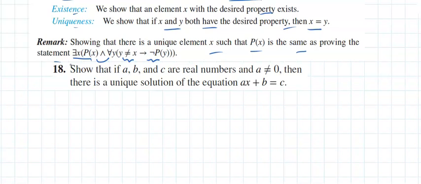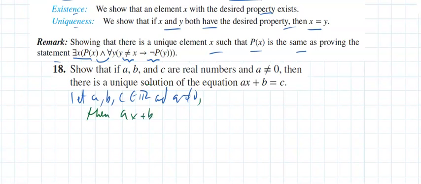It says, show that if A, B, and C are real numbers, let A, B, and C be real numbers, and let A not equal to 0. Then there's a unique solution to ax plus b equals c.